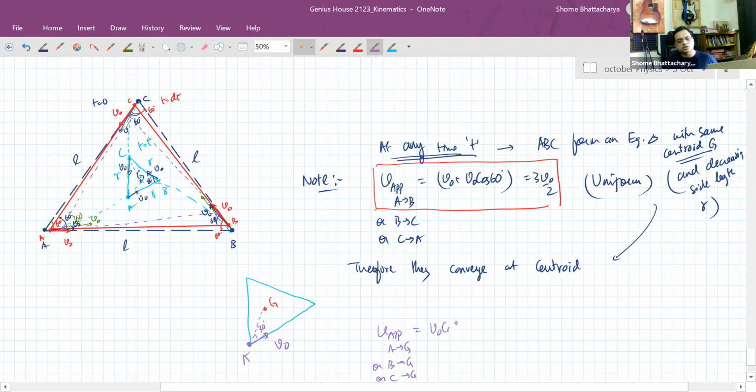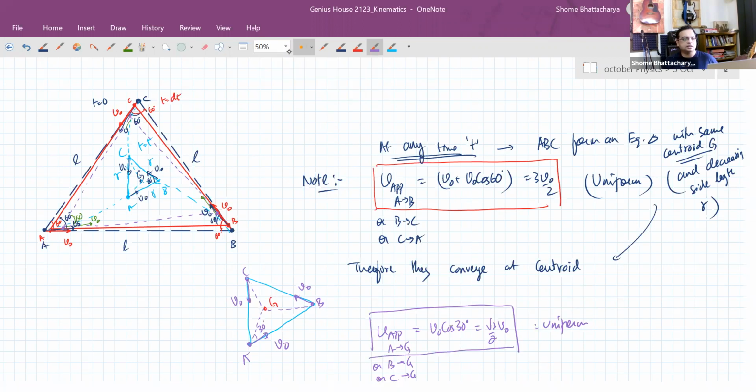It is V naught cos 30 degrees, or root 3 by 2 V naught. So that's another interesting observation we can make, that this is also uniform. So now we can make use of either of these two facts, this fact or this fact.